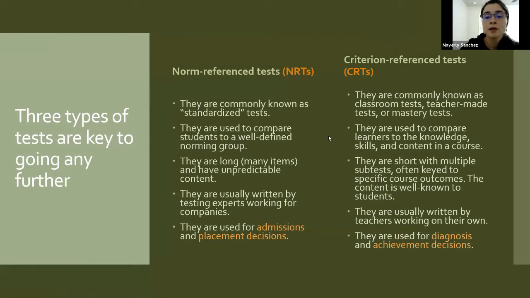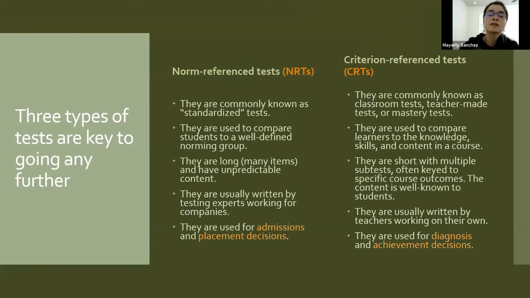They're used to compare learners to the knowledge, skills, and content in a course. So we have, on one hand, norm reference tests that are based on a norming group with certain characteristics. And we have CRTs that take as reference the content of a module in your course or a unit in a book.